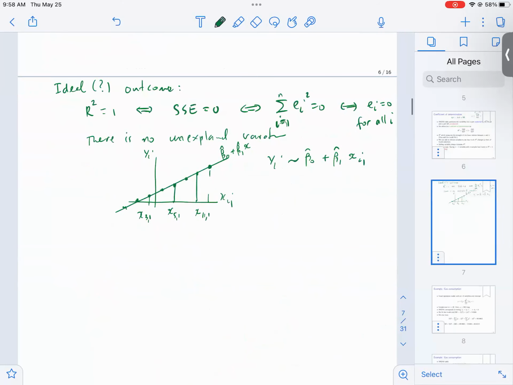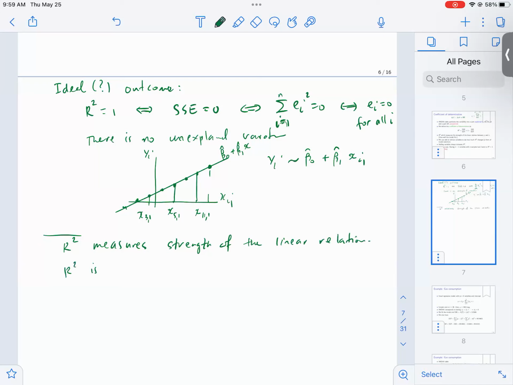R squared measures the strength of the linear relation.